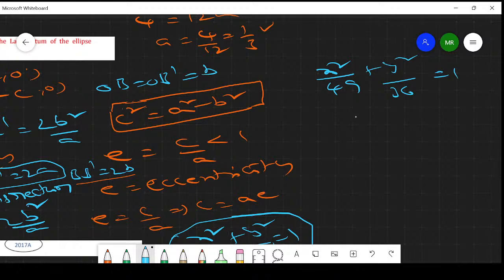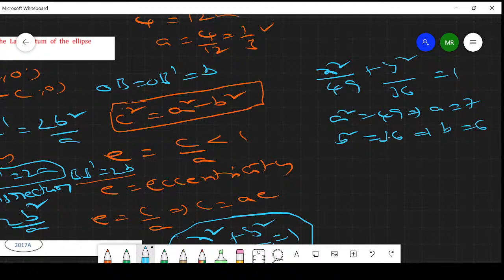If we compare, I told you a is greater than b. Here a square is equal to 49, then a is equal to 7, and b square is equal to 36, so b is equal to 6. We got the a and b values.